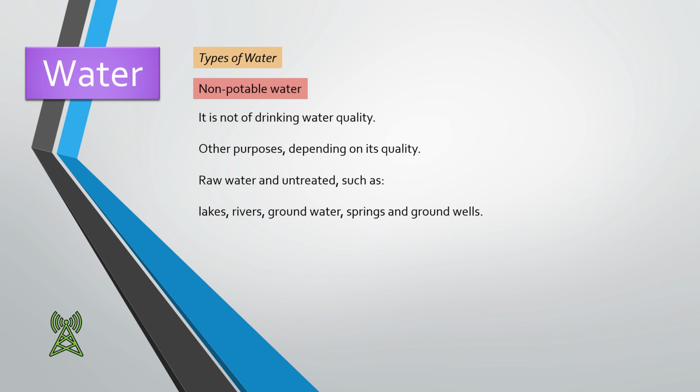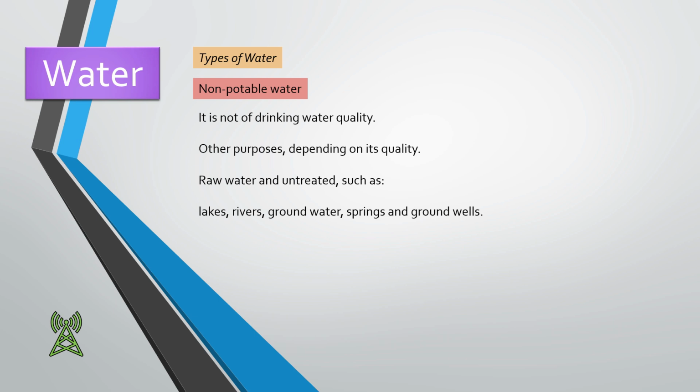What is non-potable water? It is the raw water, meaning it is not of drinking quality, but it can be used for other purposes, depending on its quality and the kind of purpose we actually want to use it for. It is untreated water, coming from lakes, rivers and groundwater, springs and wells also.